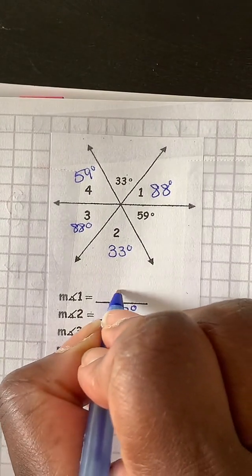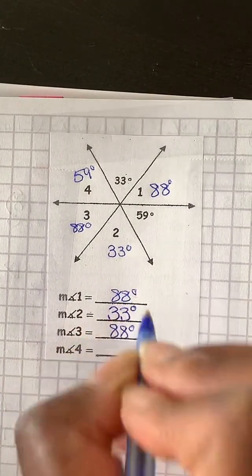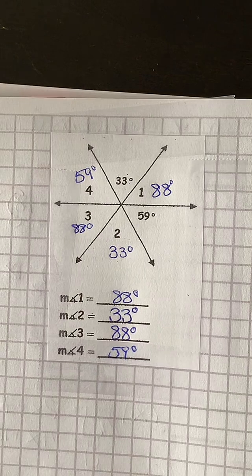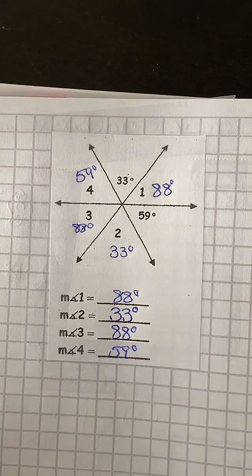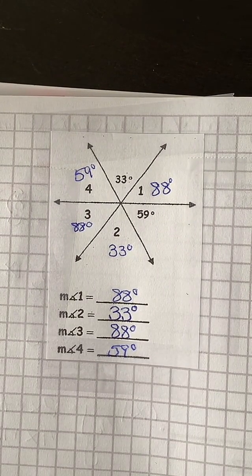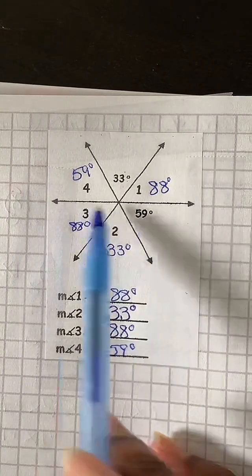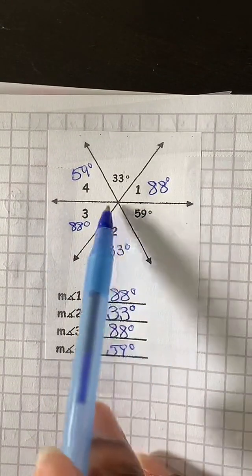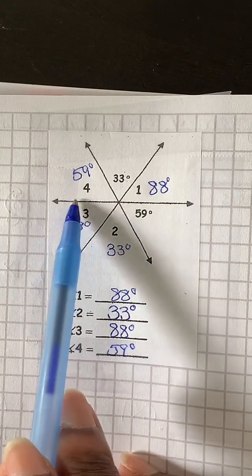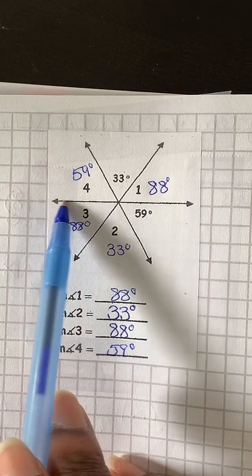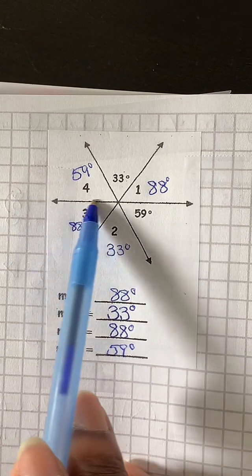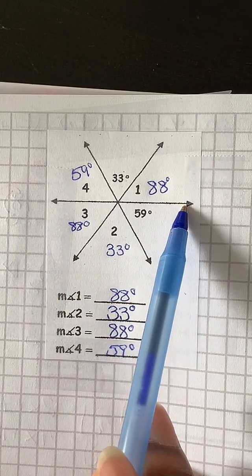So this is 88, this is 88, and this is 59. Okay. Yep, and just plug them all in. Yes. So vertical angles are congruent. Okay. In this case, if I wanted to say angles 1, this angle 33, and this angle 4, they are supplementary. Okay, they're supplementary because they equal 180 degrees because they form a straight line.